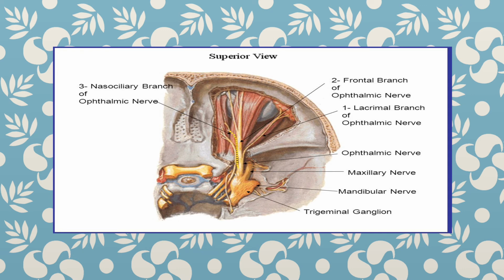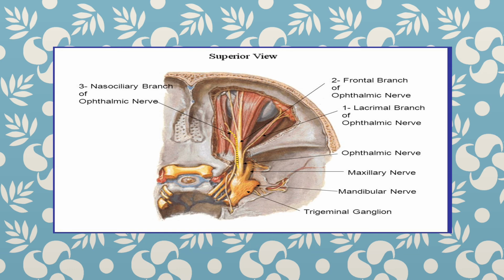Okay, I will tell you the relations briefly. Superiorly, there will be the superior petrosal sinus and the free margin of the tentorium cerebelli. To view this trigeminal ganglion, the tentorium cerebelli has been removed.